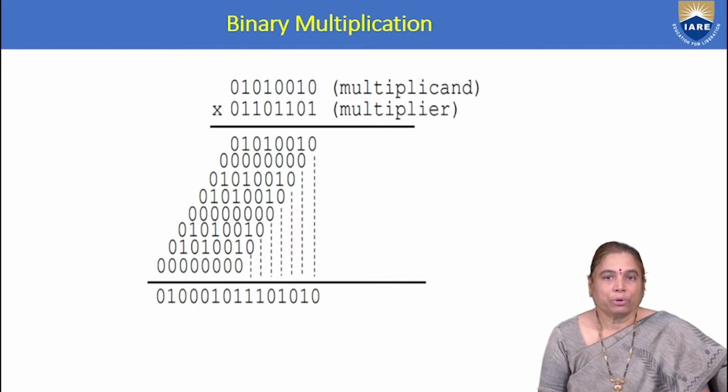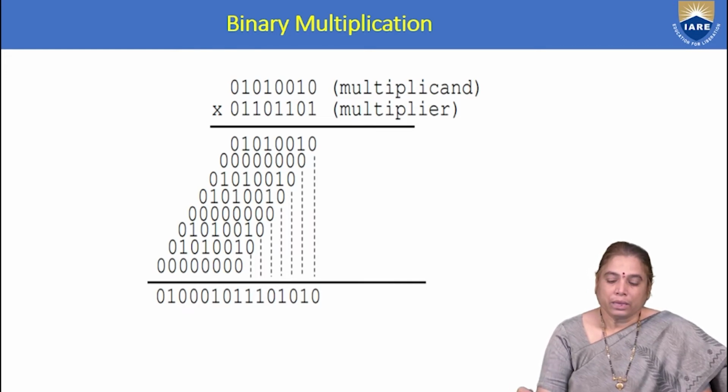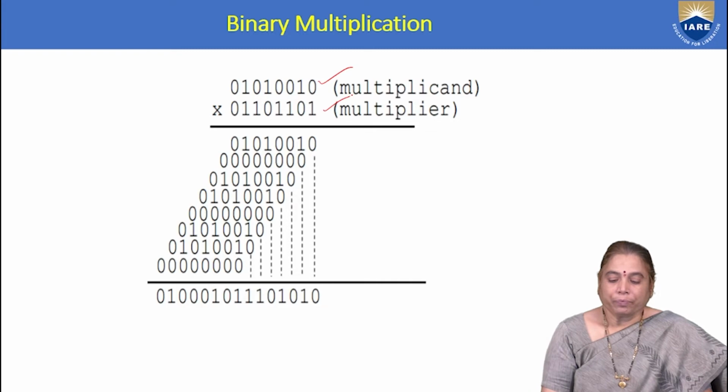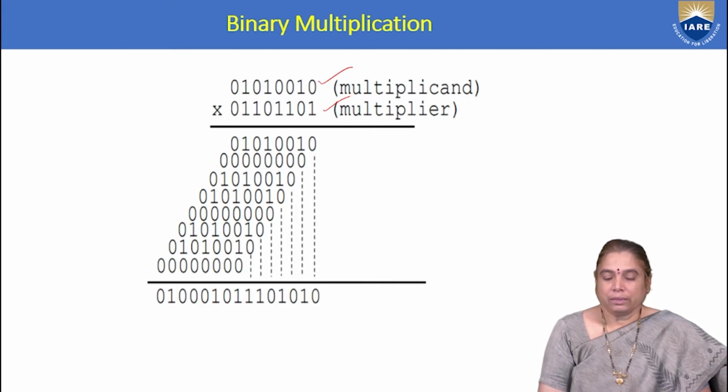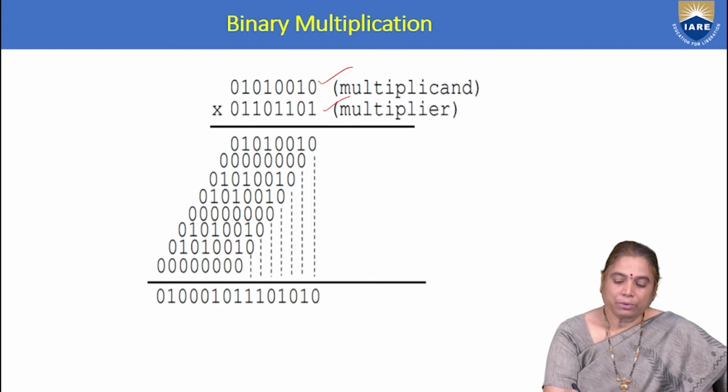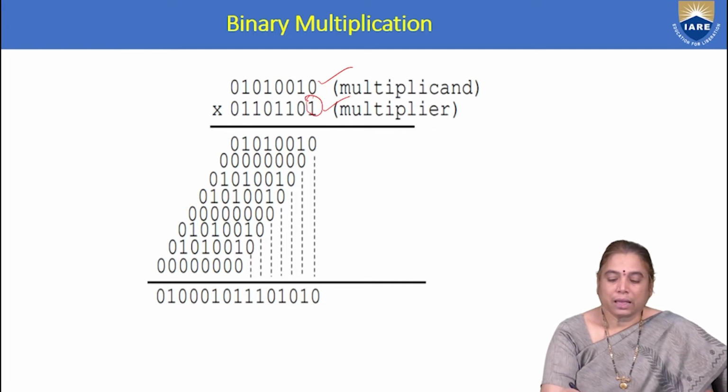First, we will look into how to perform binary multiplication. Here we considered a multiplicand and one multiplier as the example, and how the binary multiplication can be carried out with this multiplicand and multiplier. First we have to consider the LSB of the multiplier. With this LSB, we have to multiply all the digits of the multiplicand.